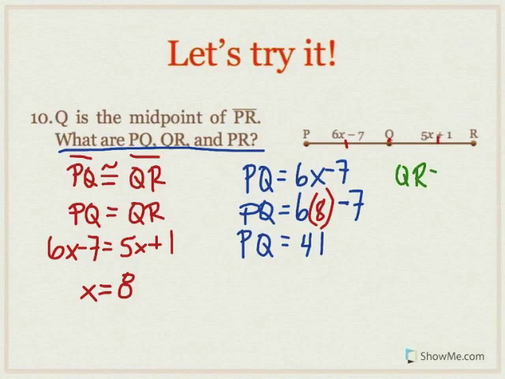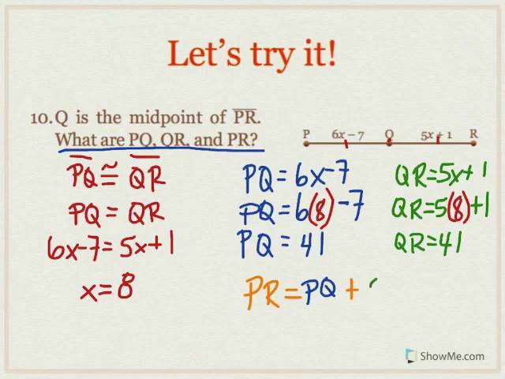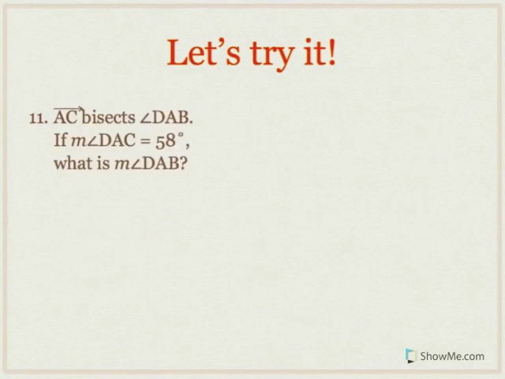Likewise, we can do the same thing with QR. We can quickly find out that QR is also 41. Now, using our segment addition postulate, the whole segment, PR, has to equal PQ plus QR. That makes PR 82.